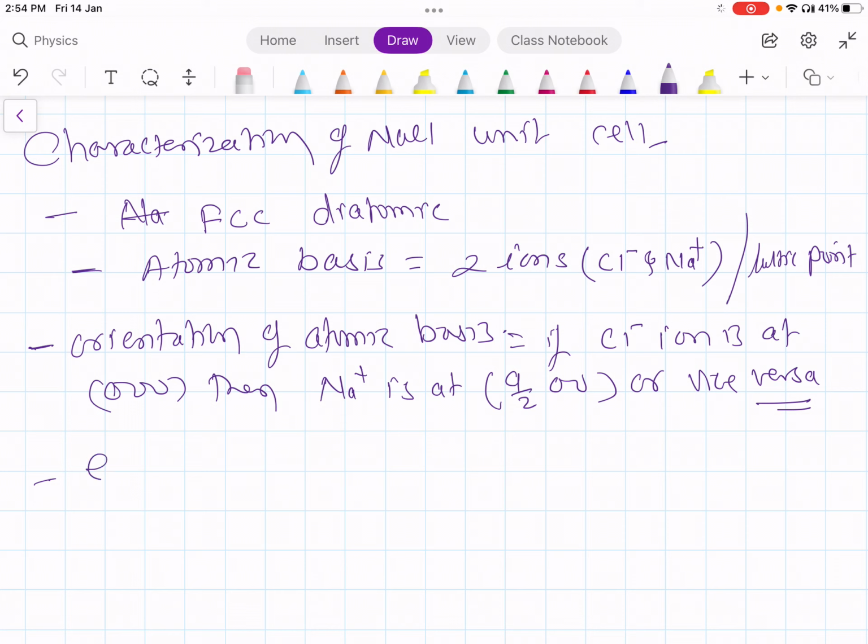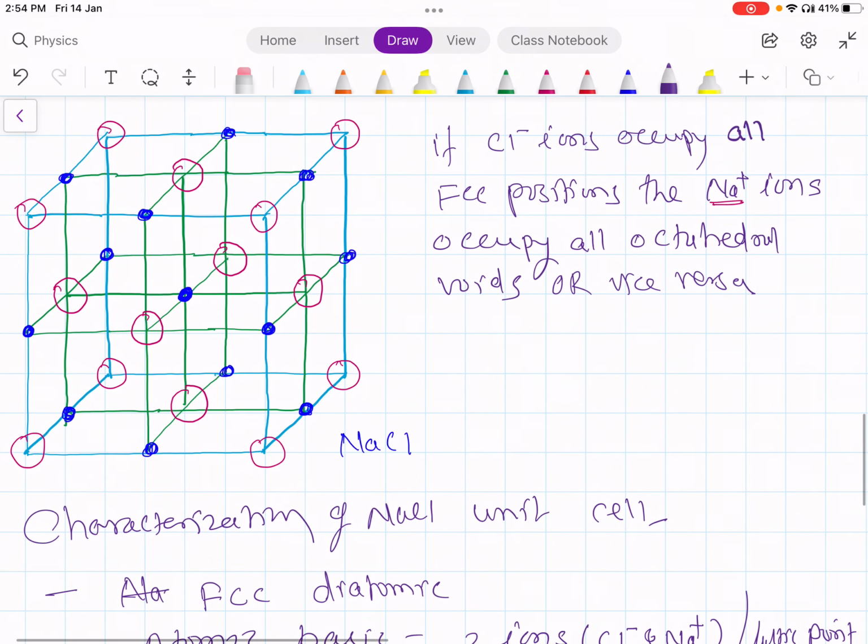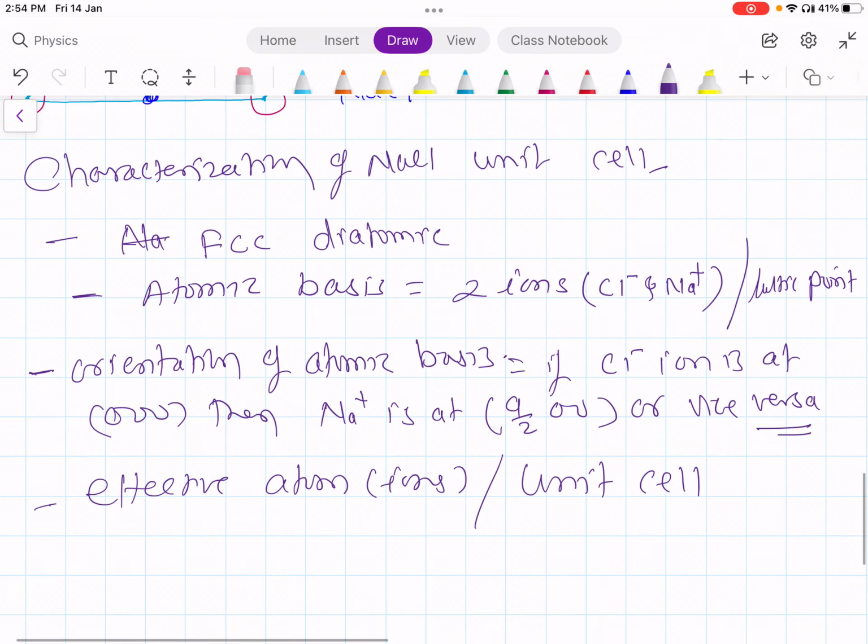Then effective atoms, or you can say ions, per unit cell. Effective ions per unit cell. Now in this unit cell, chlorine ions are occupying all the FCC positions.